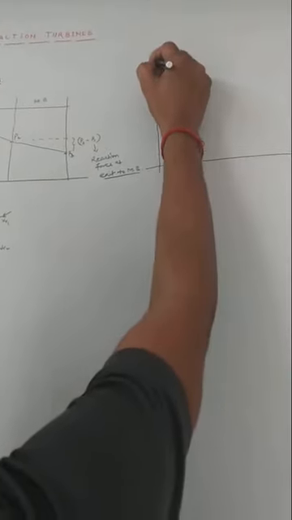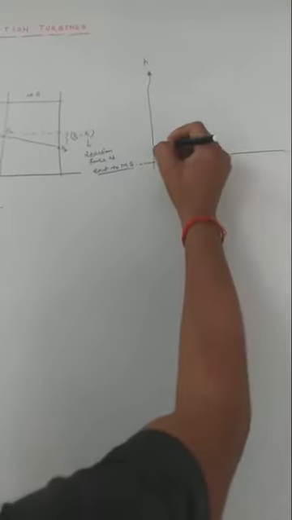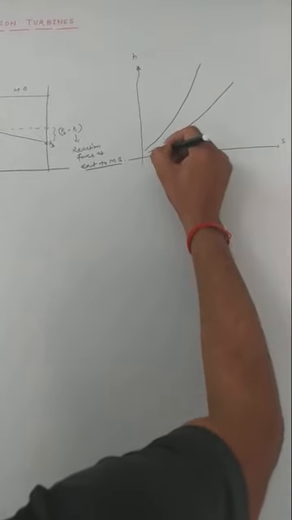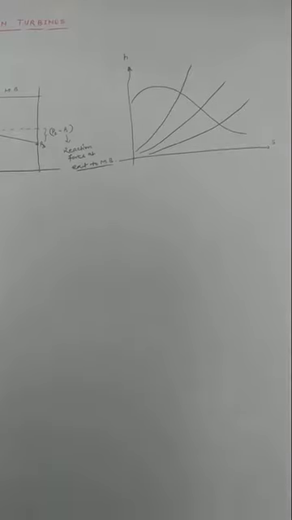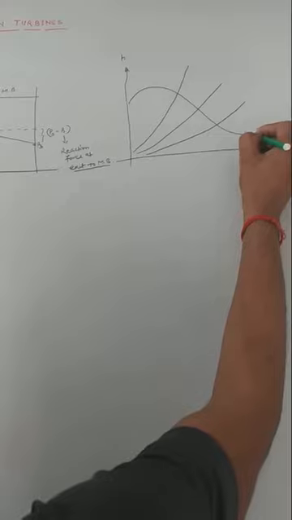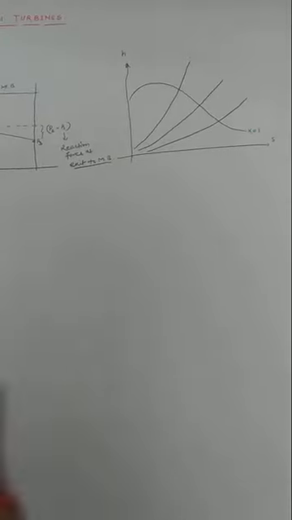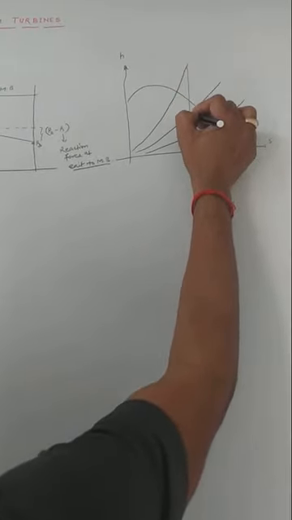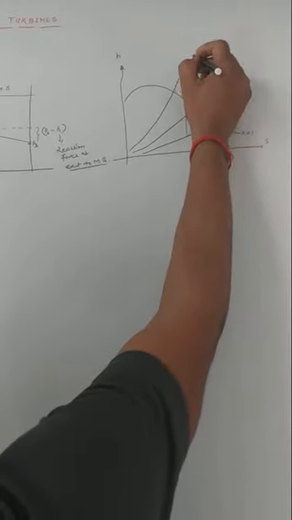Okay, so we can also see this on the HS diagram. This is the saturation curve, x equal to 1. Let the steam enter and flow in this way.